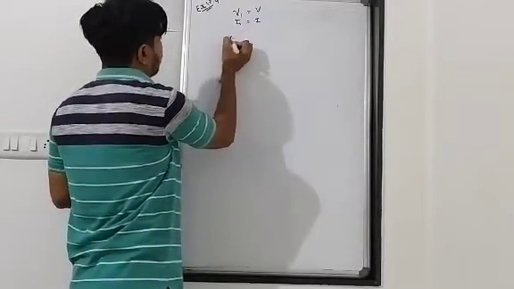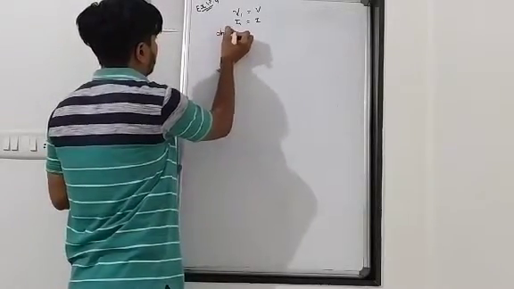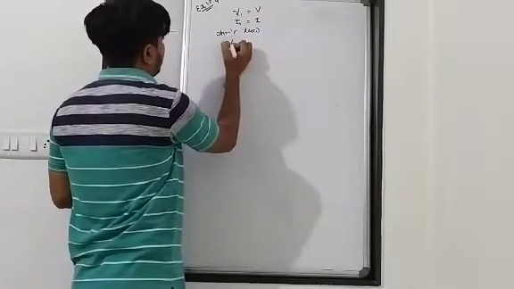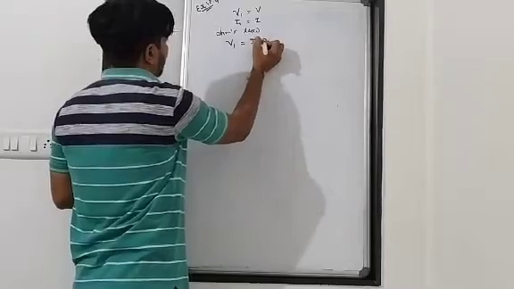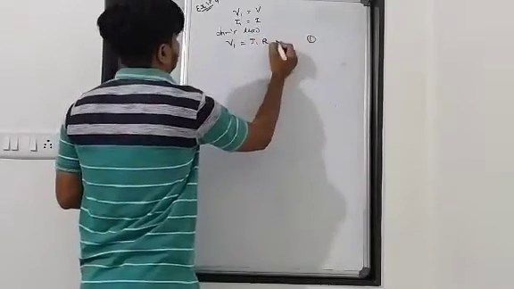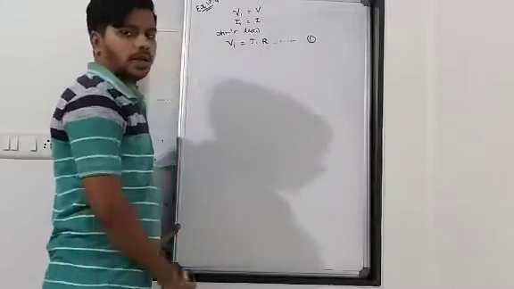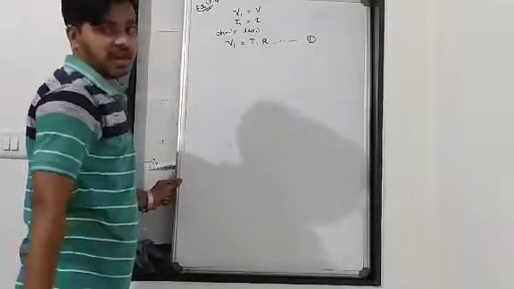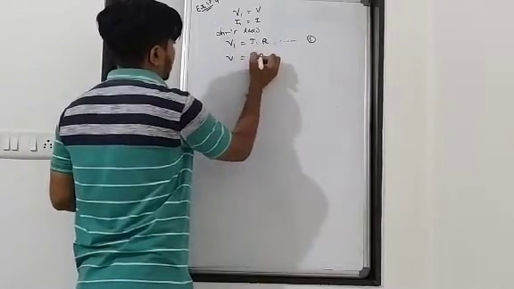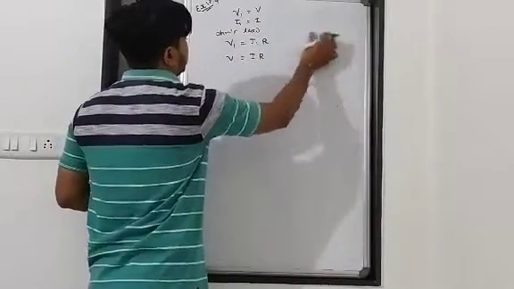Then you can say that according to Ohm's law, V1 is equal to I1R, which is equation number 1. Now put the values, then V is equal to I. So here is equation number 1.